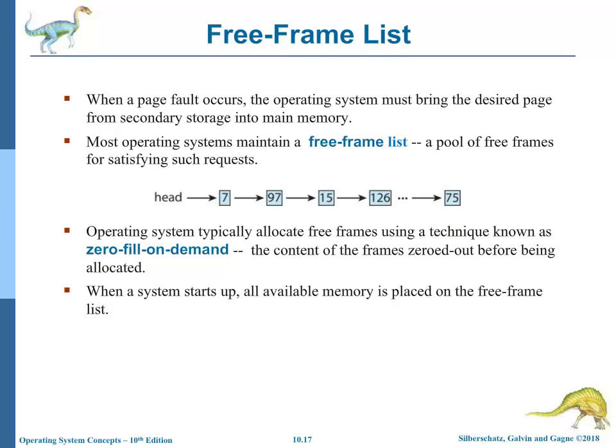Operating systems typically allocate free frames using a technique known as zero-fill-on-demand. Zero-fill-on-demand frames are zeroed out before being allocated, thus erasing their previous contents. When a system starts up, all available memory is placed on the free frame list.